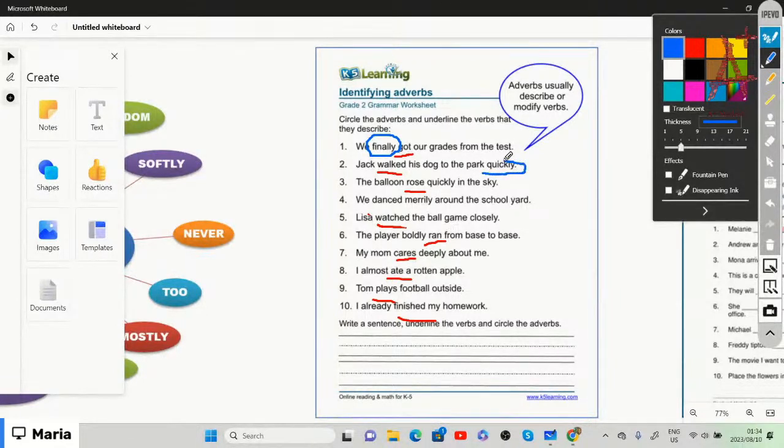Quickly. The balloon rose quickly in the sky. We danced merrily around the school yard. So how did you dance? Merrily.